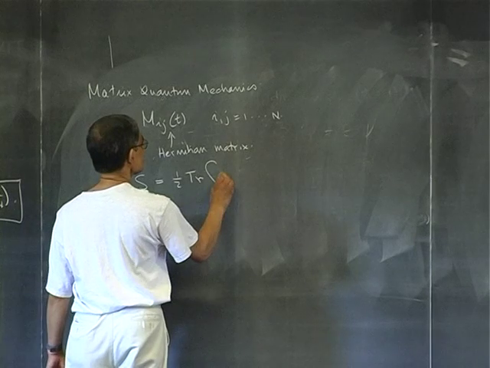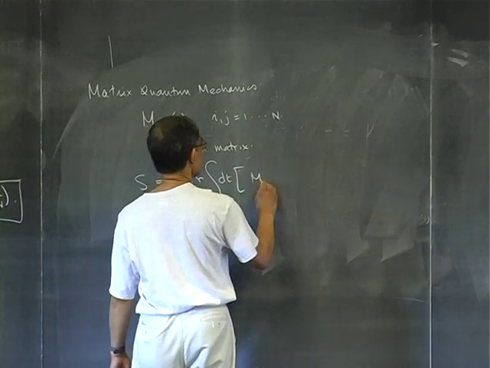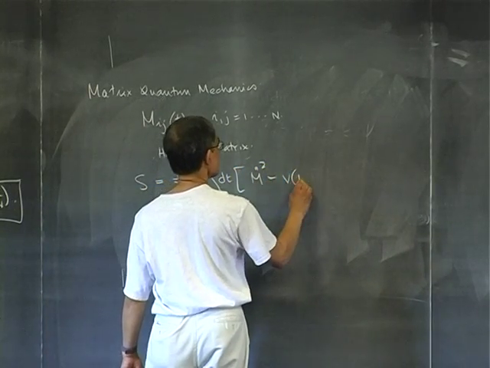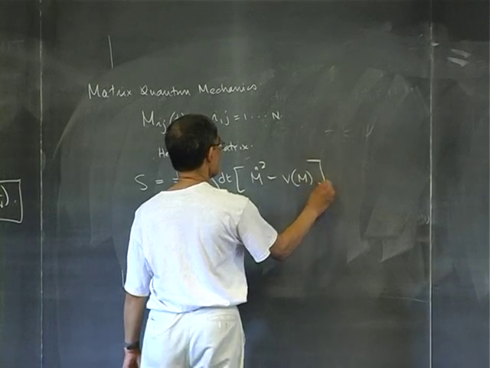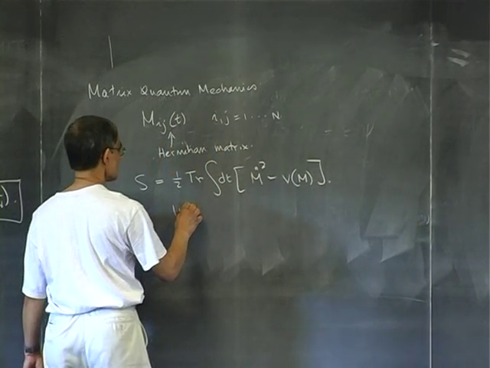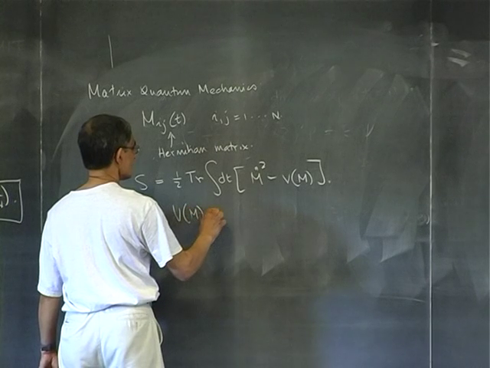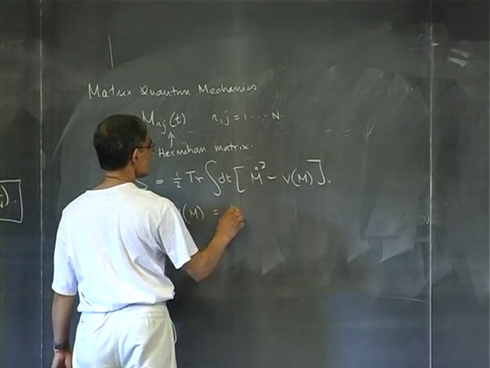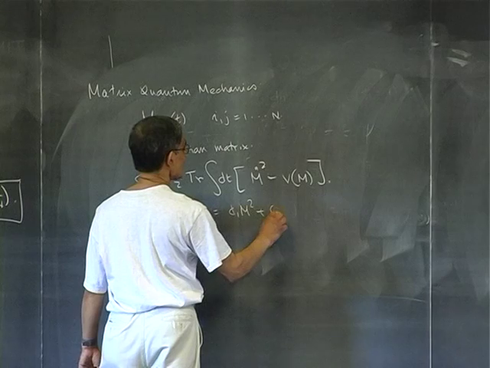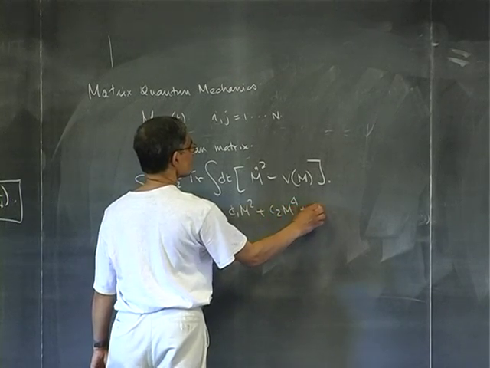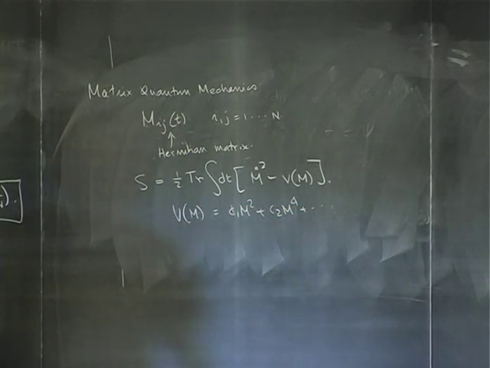which is a trace, where V of m is like a polynomial, c1 times m squared plus c2 times m to the fourth, you know, what have you.